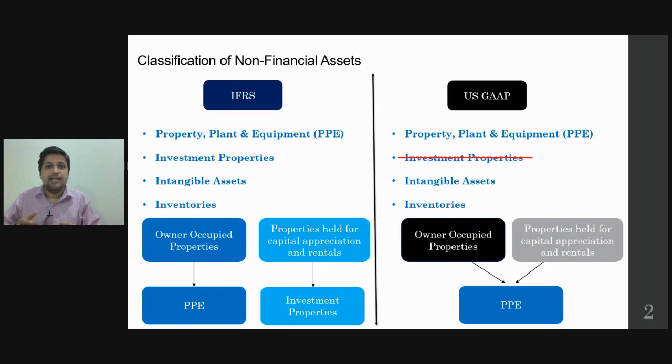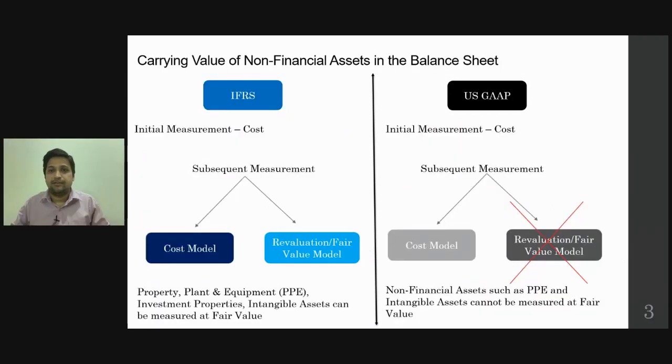But remember, in US GAAP, there is no classification of investment properties. Both owner-occupied properties as well as investment properties are classified as property, plant, and equipment in US GAAP.